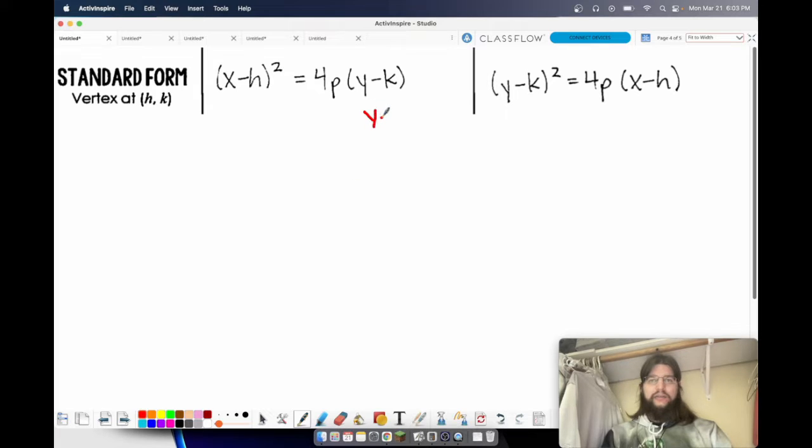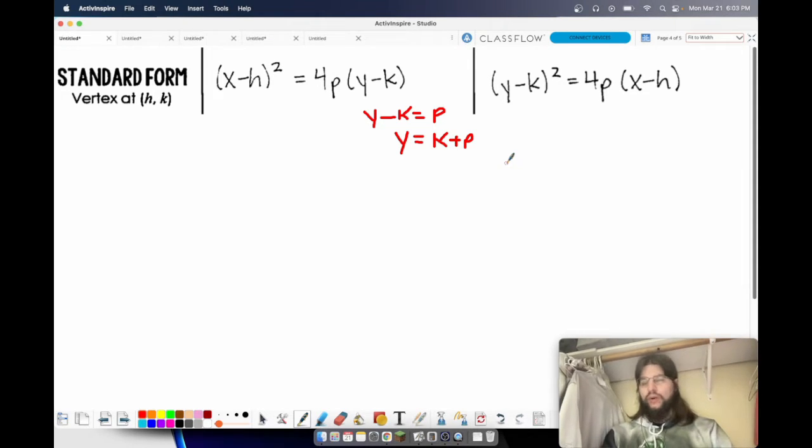We need y minus k to equal p. That way this would be 4p squared, and we can square root that. So that means y equals k plus p. And yeah, it's going to be plus or minus, depending on which way we're going.